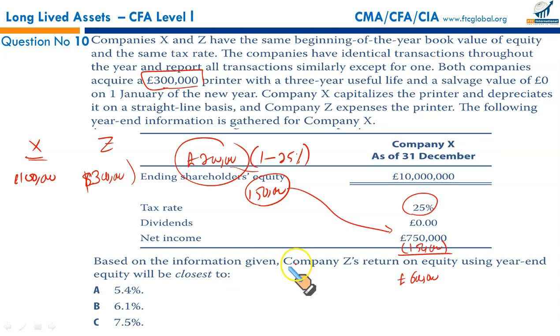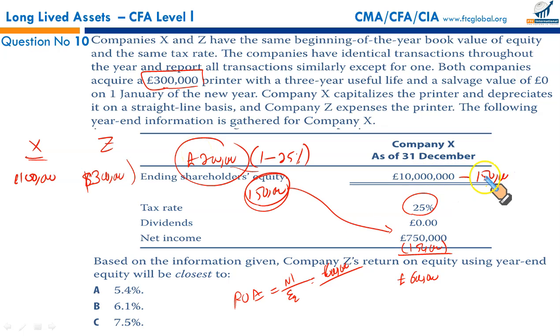Now we need to calculate return on equity, and return on closing equity is equal to net income upon equity. So net income is £600,000. Equity for X is 10 million. X equity and Z equity would vary by this amount. If equity X is 10 million, the equity of Z would be lower by £150,000 because this is the difference between these two companies' net income.